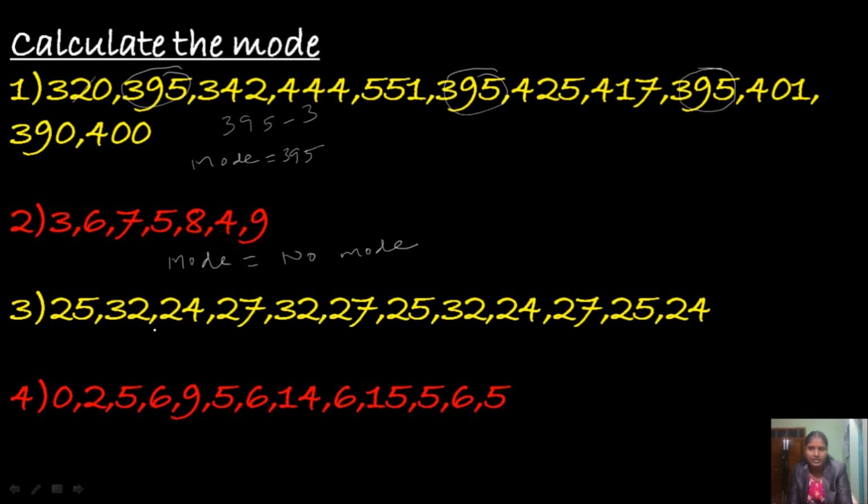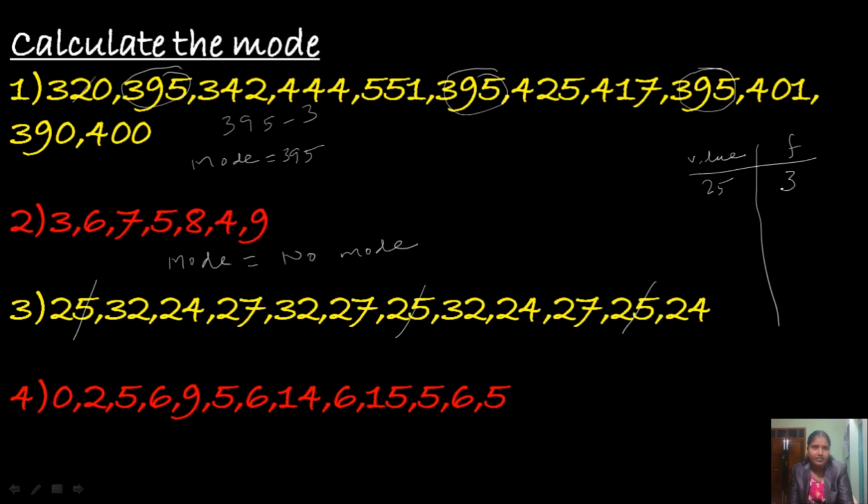Let us go for the next problem. 25 repeats, and let's just write down here the value and frequency. So 25 repeats 1, 2 and 3.